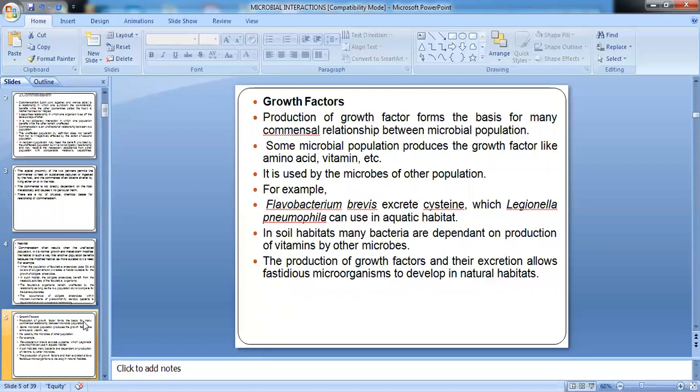A very interesting example I would like to quote over here. It is said that we can only culture 1% of the total microbial population which is there. 99% of the microbial population which exists is still not cultured. It is thought that we cannot culture this microbial population because in nature there are a number of growth factors which we cannot mimic. So where does this all come from?